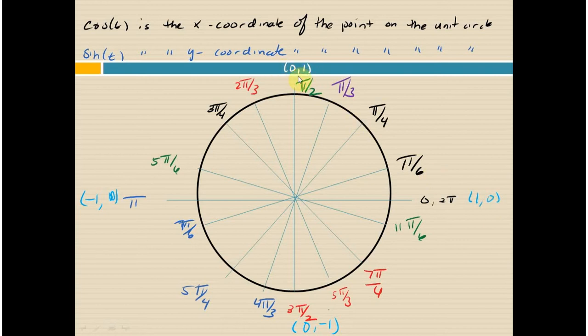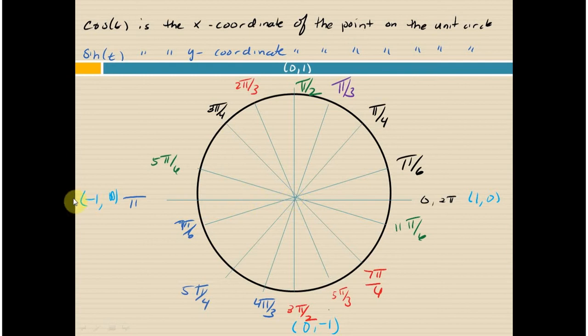Over here, on the other hand, the x-coordinate is 0 and the y-coordinate is 1. Because the x-coordinate hasn't gone left or right, and the y-coordinate has gone up a height of 1.